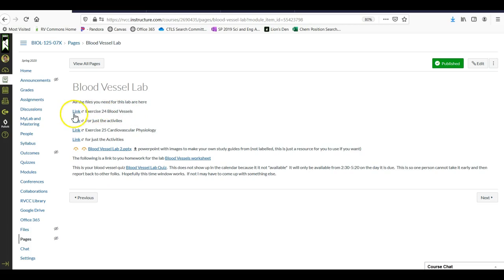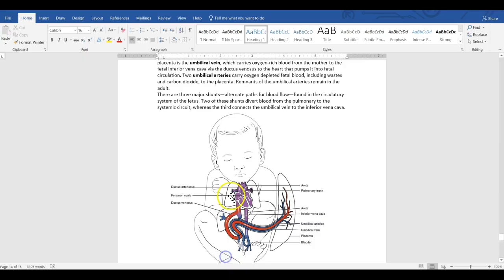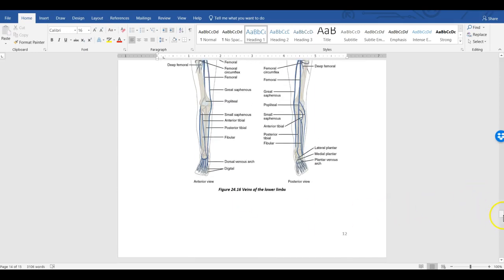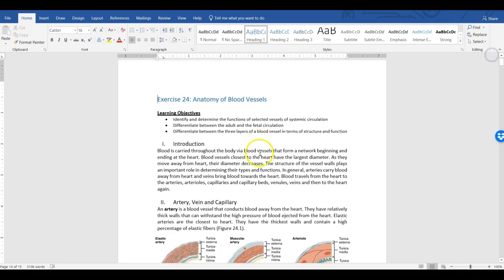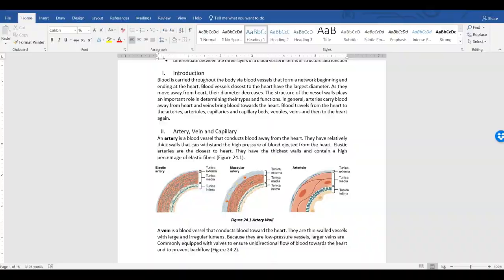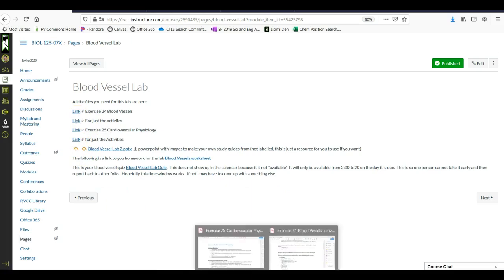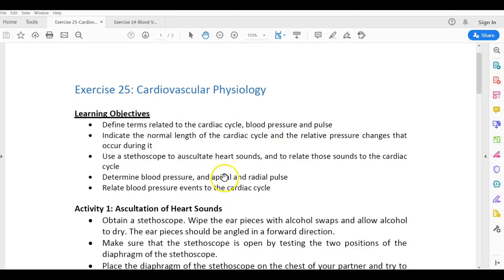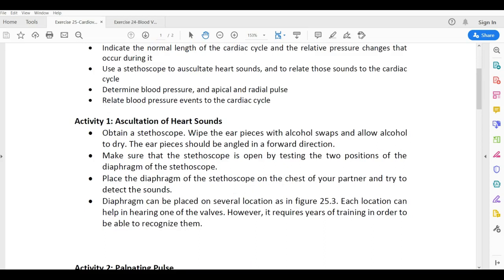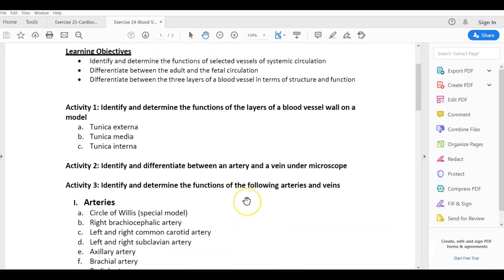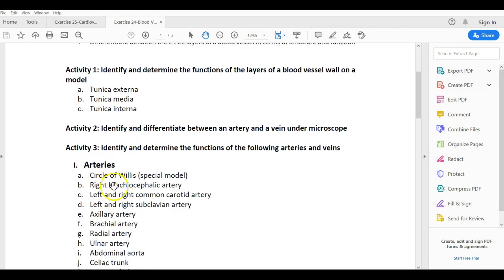Here I have added the links to the labs with all the explanation, all this stuff which you're used to seeing. And I added two new links that just contain the activities. So these files look like this, where it's just, you need to know this, and you need to know that.